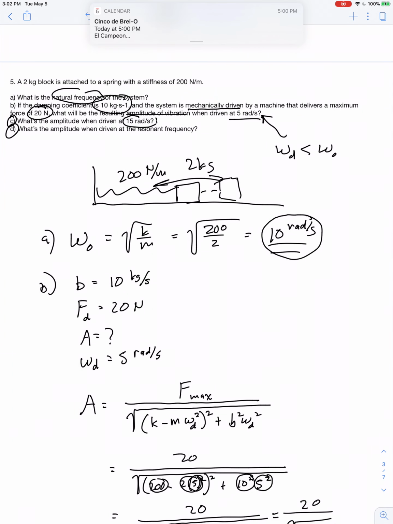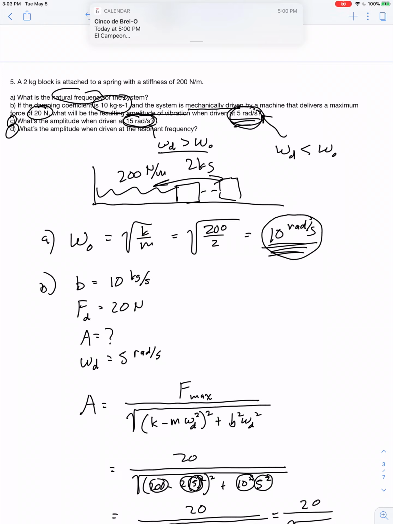If we were to drive the system at 15 radians per second, that's a case of the driving frequency exceeding the natural frequency. Now, the difference between the driving frequency and the natural frequency in our first case is 10 radians per second compared to 5 radians per second, a difference of 5 radians per second. And the same thing is true for the next case.